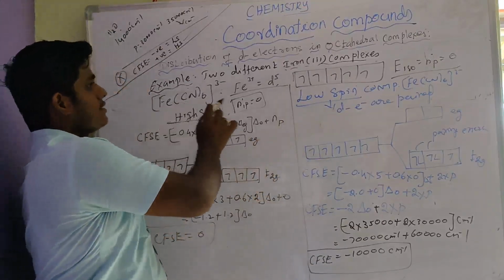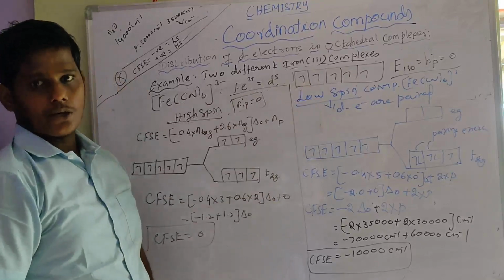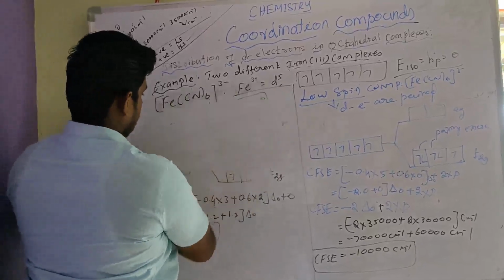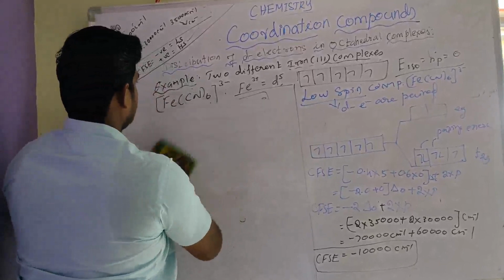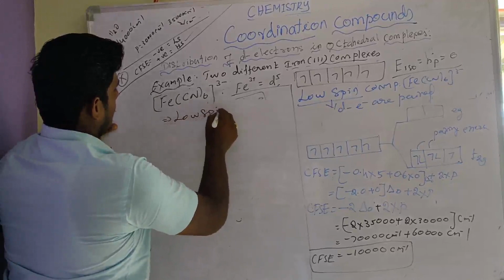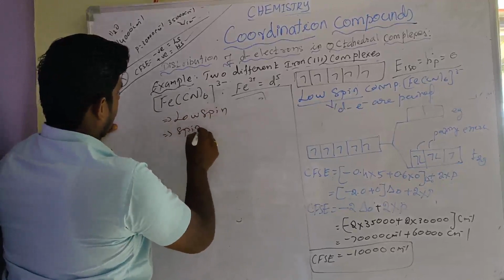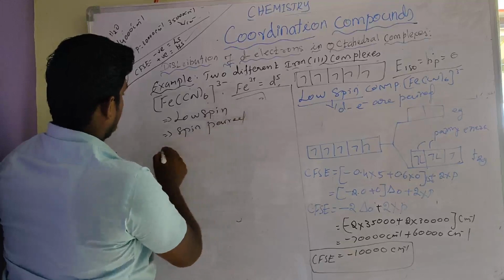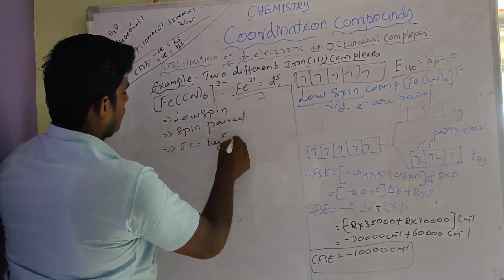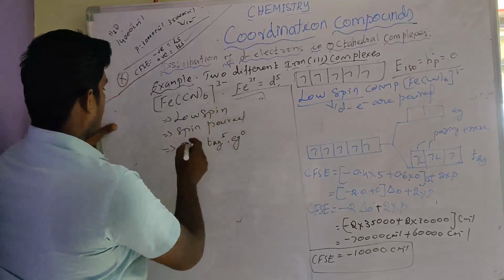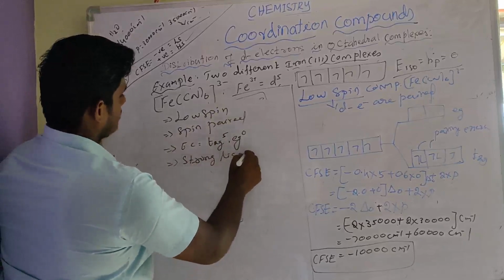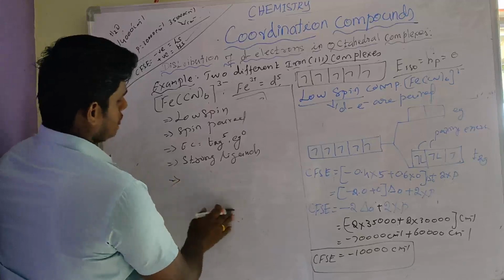So [Fe(CN)6]3- is a low spin complex, meaning the spins are paired. Final result discussion: [Fe(CN)6]3- is low spin, with electronic configuration t2g5 eg0, and the ligands are strong field ligands.